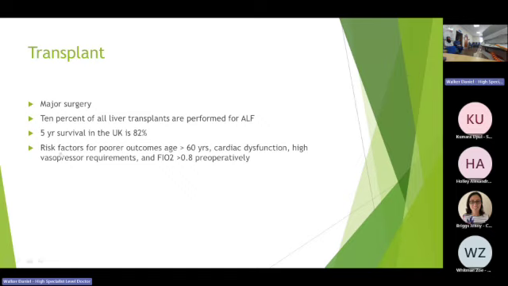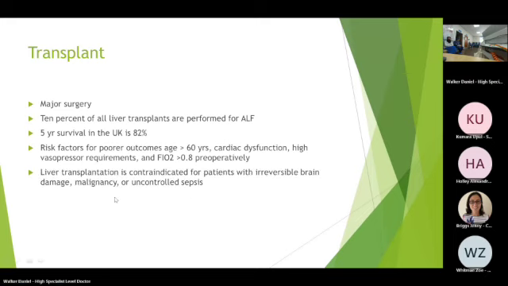The risk factors for poor outcomes, probably none of these were a surprise, but age over 60, essentially being unwell in ITU, so high vasopressor requirements, high oxygen requirements. And essentially some of the main contraindications are patient refusal.